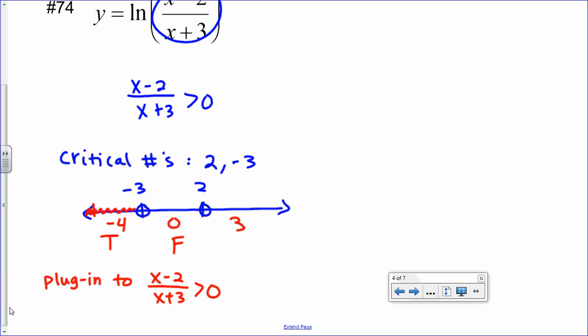So really, since it's greater than 0, you're just looking for positive or negative. That's what you're trying to figure out. Okay, 3 minus 2 is positive. 3 plus 3 is positive. A positive over positive is positive. Okay. So there's my intervals.